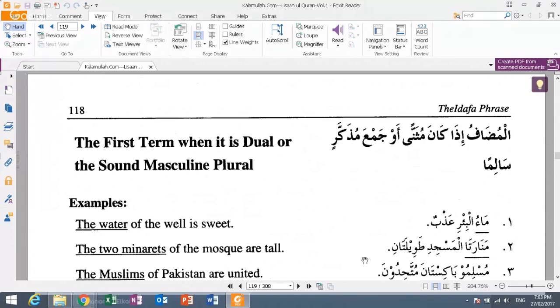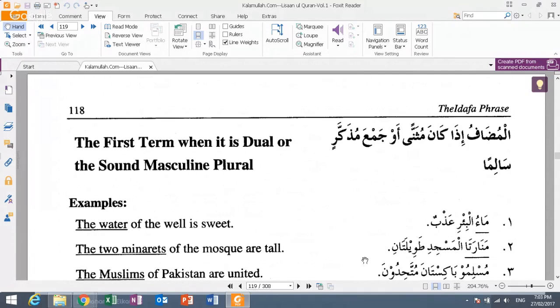Understand? Now, you may have a question in your mind. If you hear from me Rajulani, and then say al-Madina, you are making Rajulani the mudaf and al-Madina the mudaf ilayh. You drop the noon. How do you read this? Rajulal Madinati.